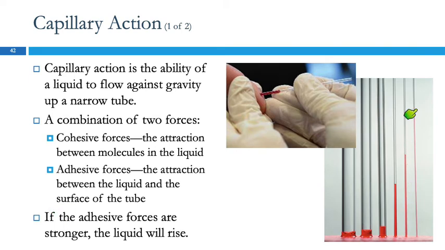So the molecules that are close to the glass tube are attracted to it, and they kind of climb up a little bit. And then the cohesive forces mean that they're going to drag their friends up with them. So if you have strong cohesive forces and weak adhesive forces, you won't go up the tube as far.